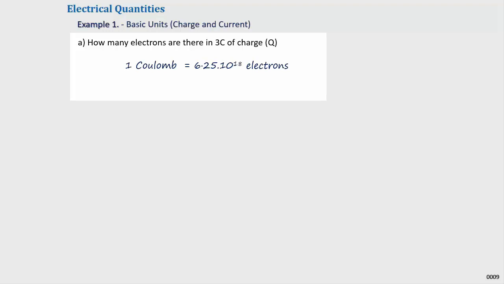So, if we have 3 coulombs, the result will be 3 times that amount. So, 3 coulombs equals 3 times 6.25 times 10 to the power 18 electrons, which equals 18.8 times 10 to the power 18 electrons.